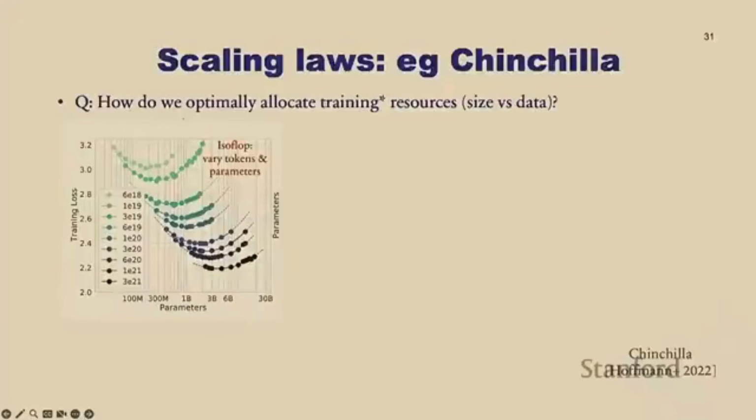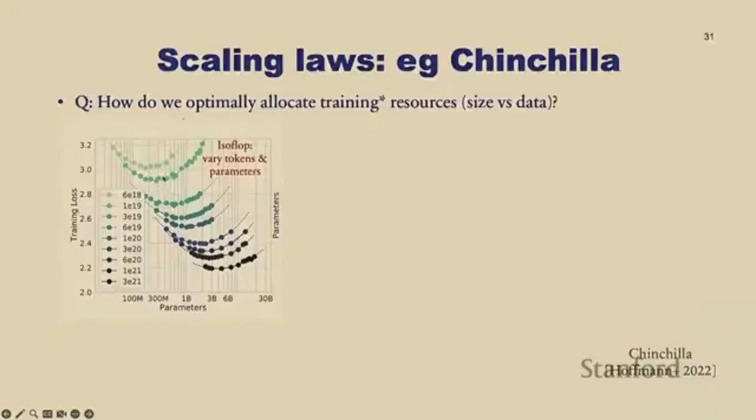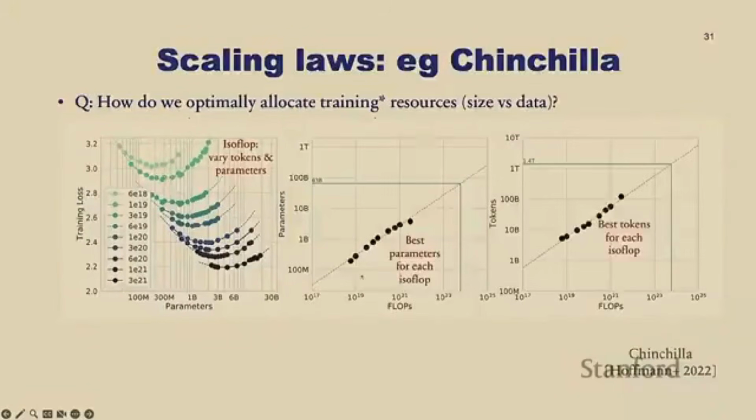All these curves with different colors were trained with different amounts of compute. Then you take the best one for each of those curves. Once you have the best one for each curve, you can plot how many flops it was, which curve you were on, and how many parameters you actually used for that point. You put that on a log scale again and fit a scaling law again.